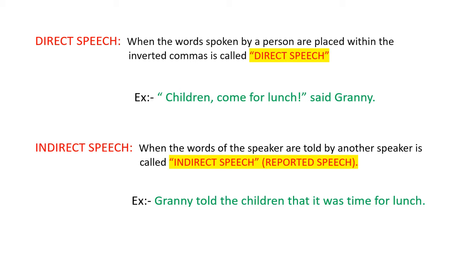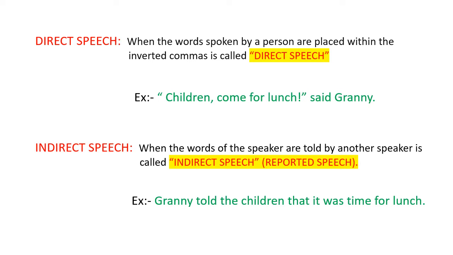Here, the words the person spoke are in inverted commas and separated by a comma. Now we'll check indirect speech. When the words of the speaker are told by another speaker, it is called indirect speech, that is, reported speech.